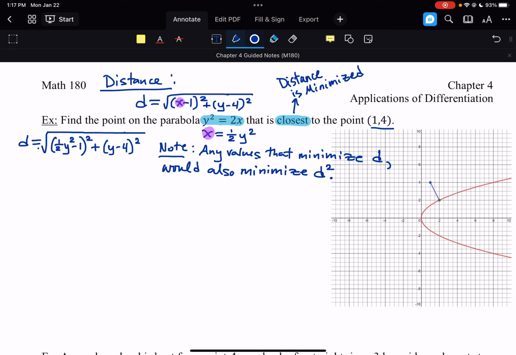So any numbers for x and y that would make this formula minimized, if we were to square both sides of this and get D squared, that would get rid of the square root. Any numbers that minimize the original would also minimize D squared, right? So any numbers that minimize D would also be minimums for D squared. We can use this fact to our advantage because then we can use D squared as our function instead.